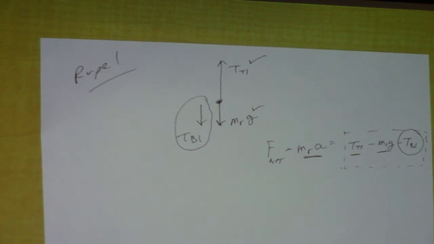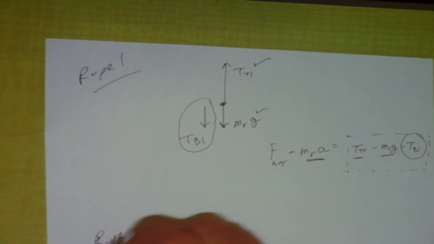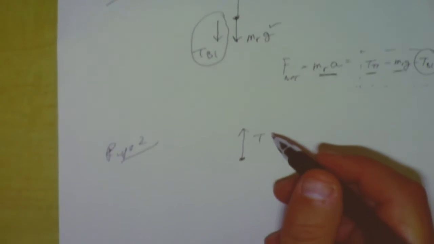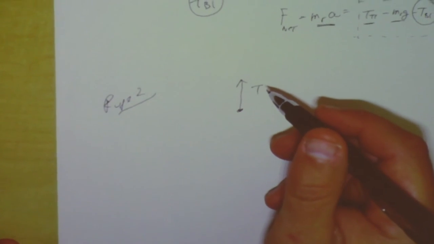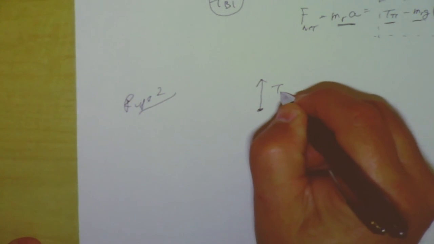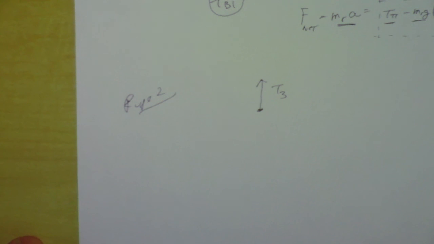And then I'd say for part D, let's do the free body diagram for rope 2 to get that part. So we've got the top, they're calling it T3 actually, top of rope 2. Okay, so they're calling it T3, so I'm just going to call it T3.